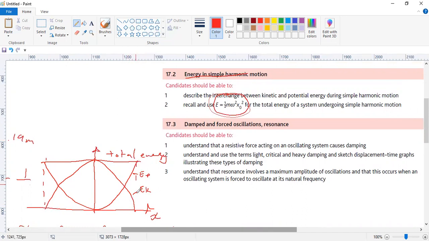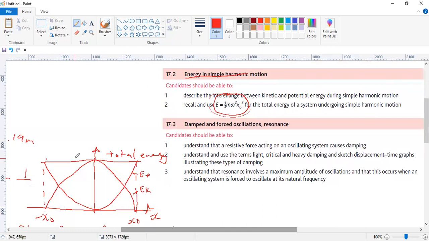When the displacement is maximum at x naught or at minus x naught, our potential energy is maximum, which is also coincidentally the total energy of the system.